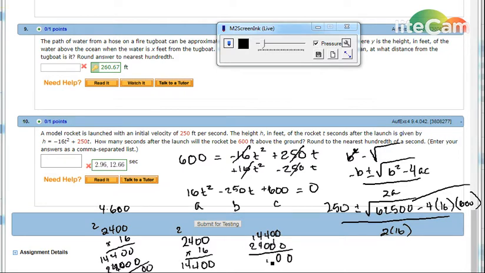That's 0, that's 4, that's 8. Alright, hopefully we got this. 38,400, so that's going to be 62,500 minus 38,400, and that's going to be the square root of that.